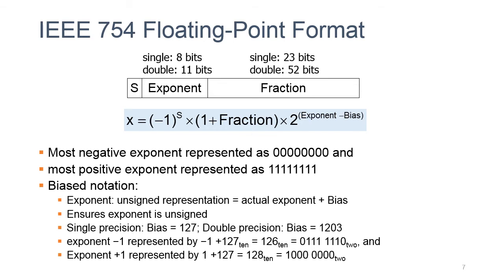The exponent bias for double precision is 1023.